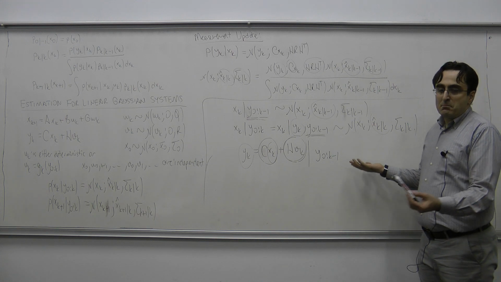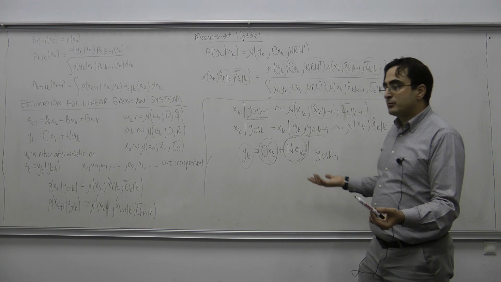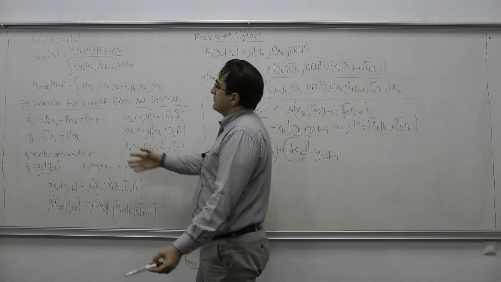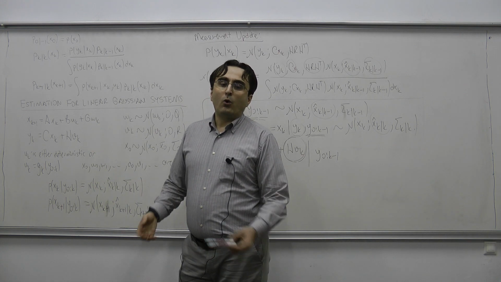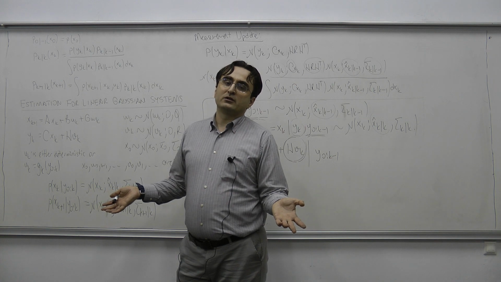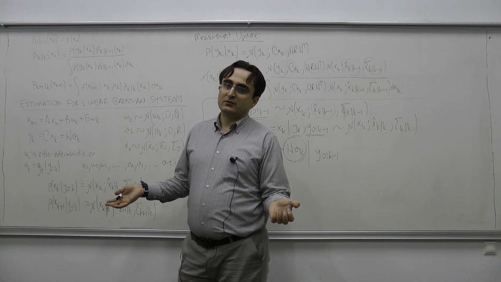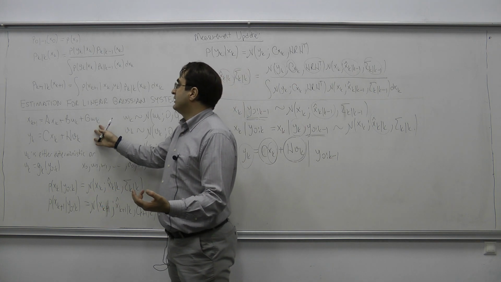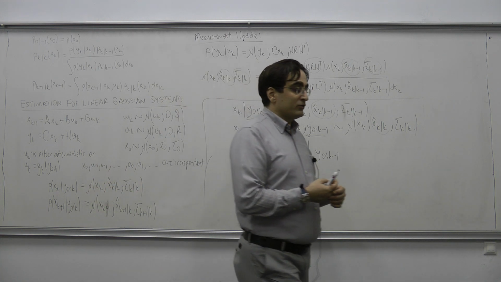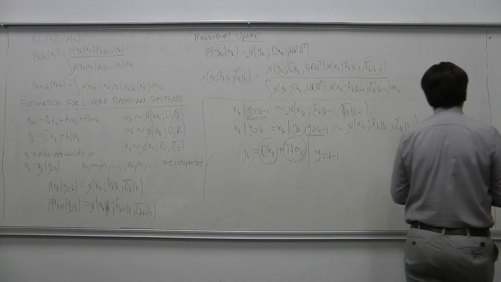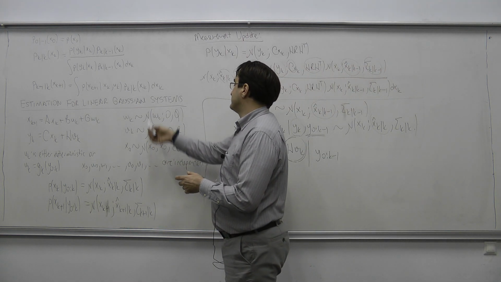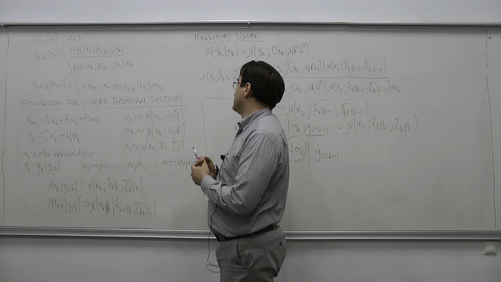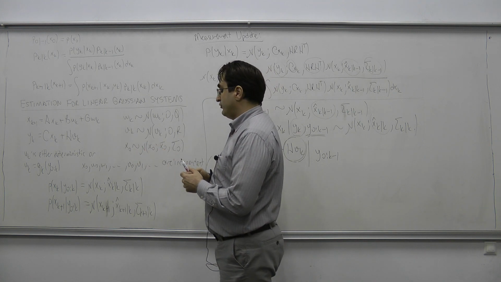And actually, this is not a surprising result, because in linear Gaussian systems, all variables are jointly Gaussian with each other. For a linear Gaussian system, the system is linear, the noises are all Gaussian, I have the independence, and I have this Gaussian initial condition.